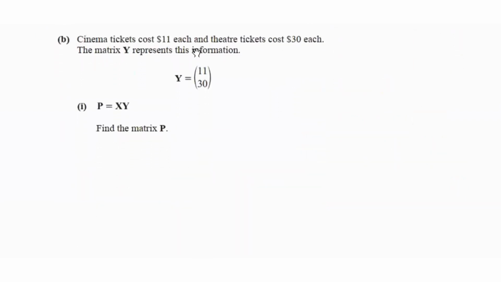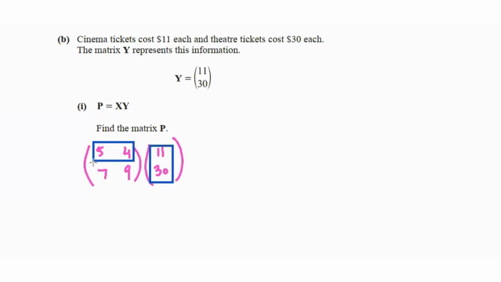Cinema tickets cost $11 each and theater tickets cost $30 each. The matrix Y represents this information. P equals XY. Find the matrix P. So X was 5, 7, 4, 9. And we're multiplying it by Y, which is 11, 30. So as I've said earlier, when we're multiplying matrices, we multiply the first row with the column.